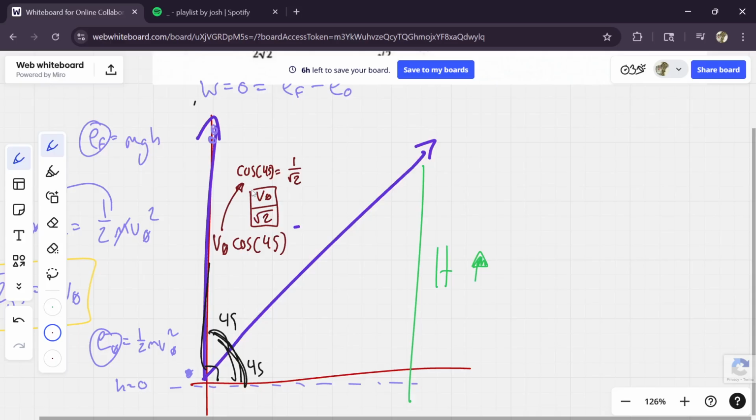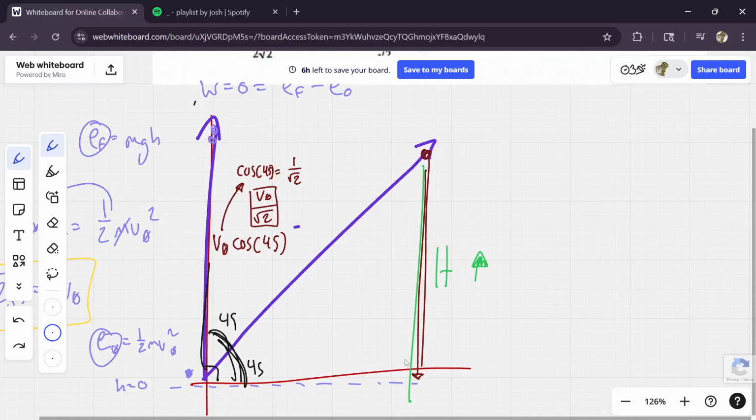At the maximum height of this projectile, this is what I meant before by the perfect projectile scenario. Since there's no drag, there's no horizontal force as this bullet fires. The only force affecting this bullet is going to be the vertical motion of gravity pulling it down. So hypothetically, the bullet could continue traveling horizontally forever since there's nothing stopping it. But obviously, since there's gravity, it's going to fall down at some point.